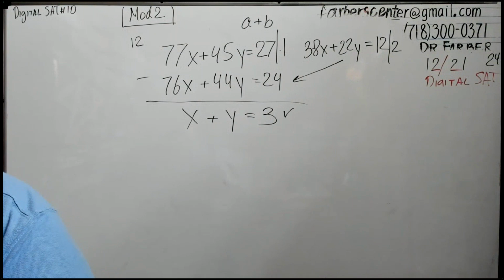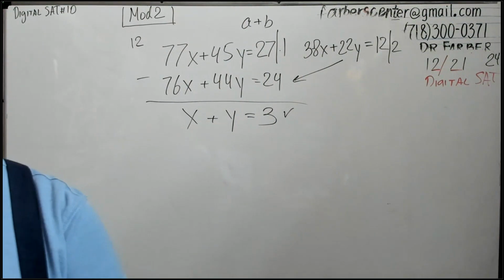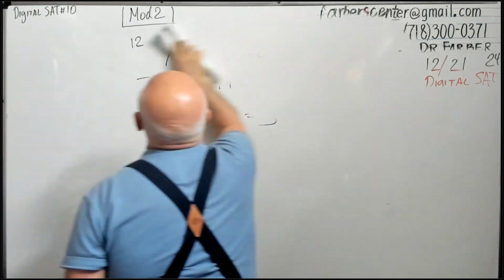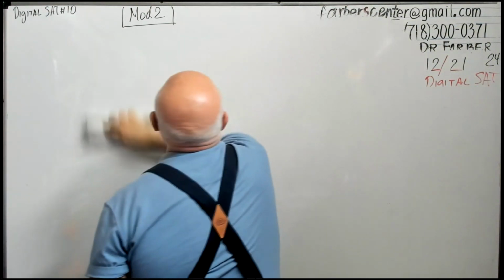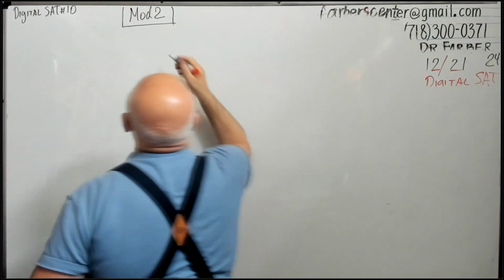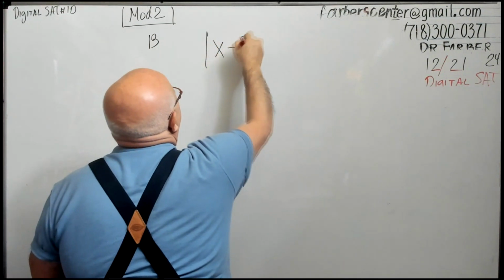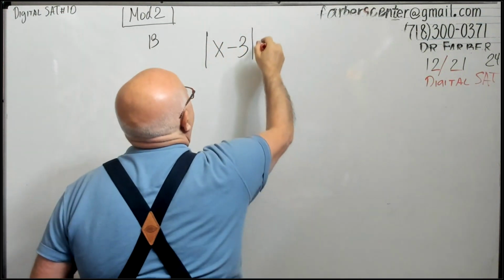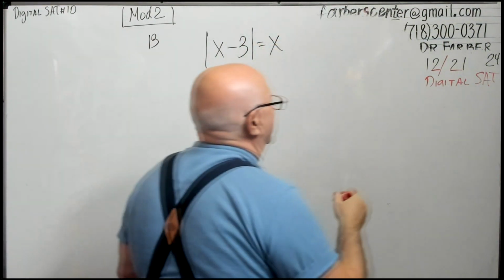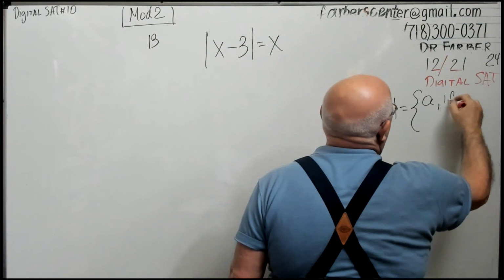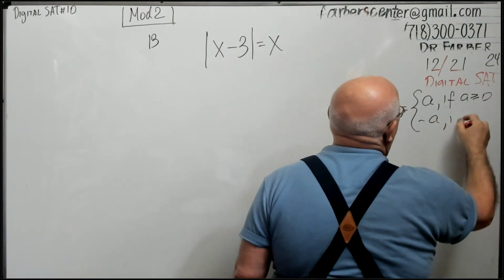Let me find this. |x - 3| = x. The classical definition of absolute value: |a| equals a if a is greater than or equal to 0, and -a if a is less than 0.